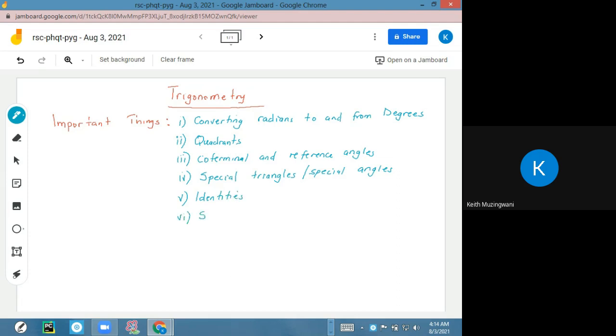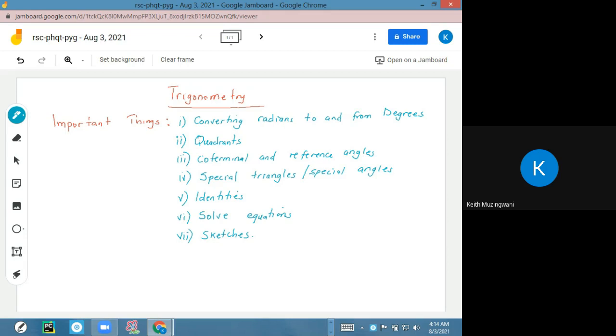Then you can now start solving trig equations so that you become very free even to sketches. So this is how you should understand trigonometry.